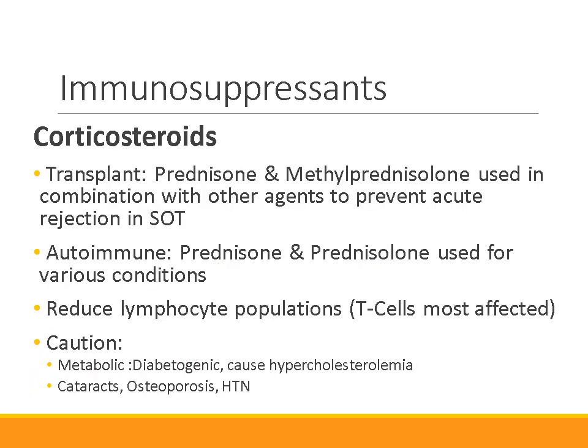Corticosteroids are also used for post-transplant immunosuppression and in autoimmune disorders or diseases. Post-transplant, typically we see prednisone and methylprednisolone used, again, always in combination with other agents to prevent acute rejection in solid organ transplant.